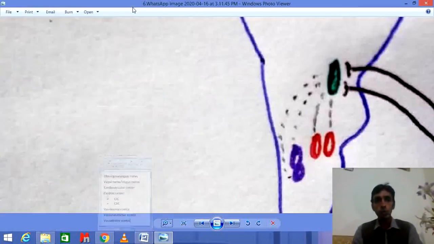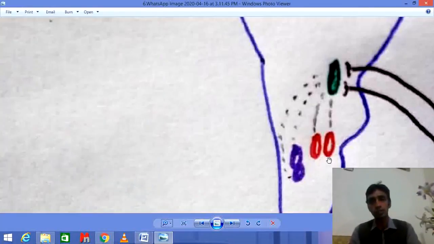So what is the function of these centers? The CIC is responsible for what does its name represent? Cardioinhibitory center. This is responsible for the inhibition of the heart. It decreases the heart rate. And this, the cardioactivatory center, is responsible for the activation of the heart.